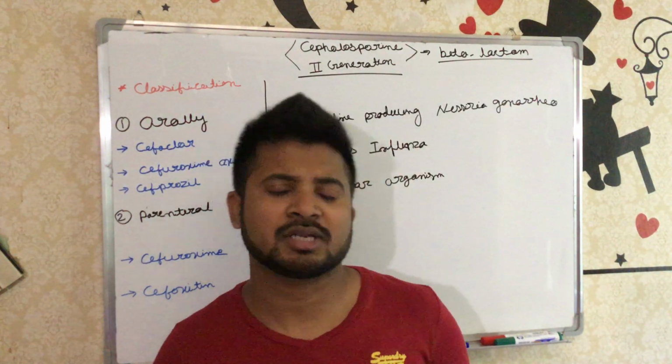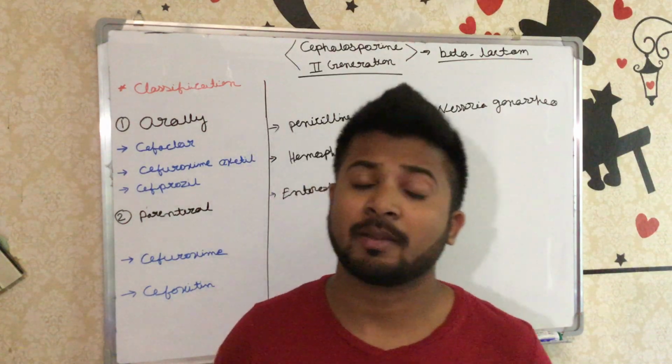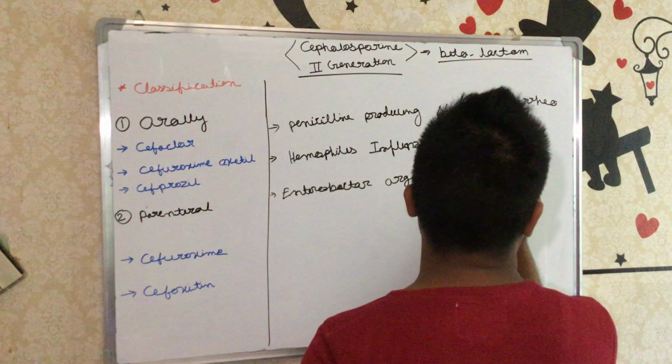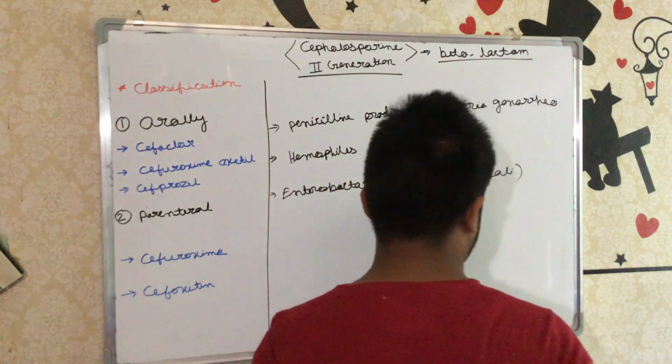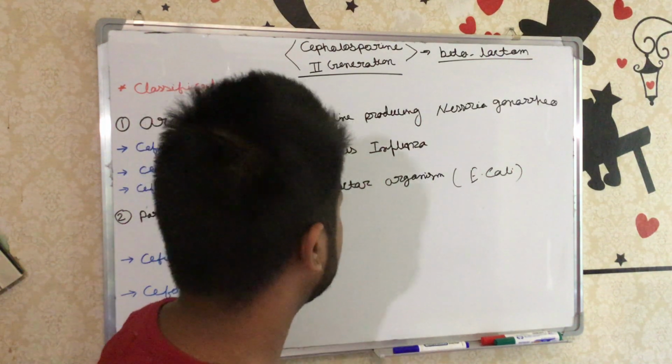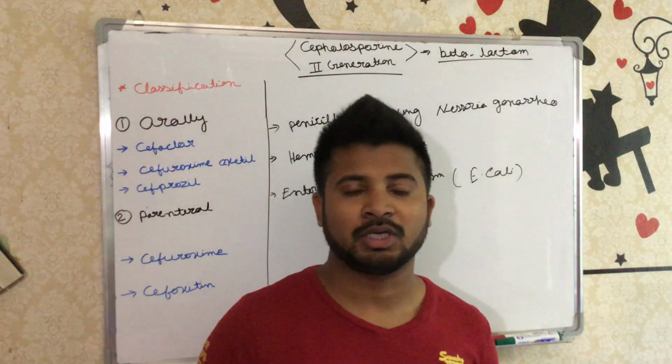Actually, in the Enterobacter group there are a lot of bacteria, for example gram-negative bacteria such as Escherichia coli, E. coli. Even some rod-shaped bacteria are in this group of Enterobacter organisms.